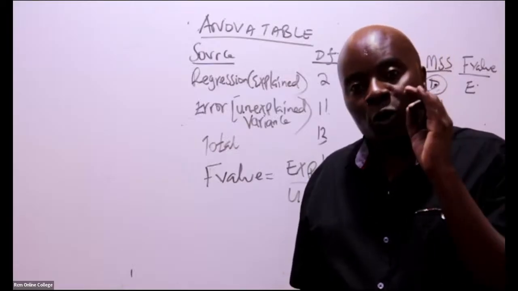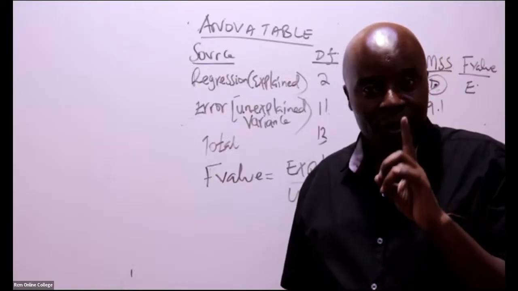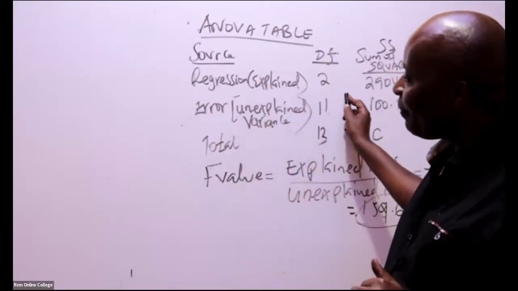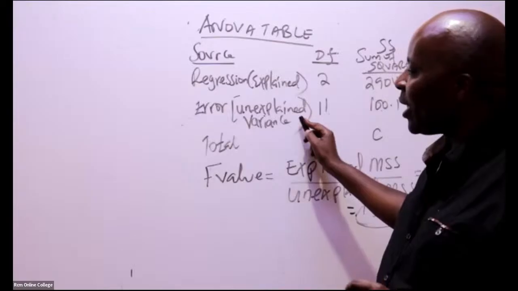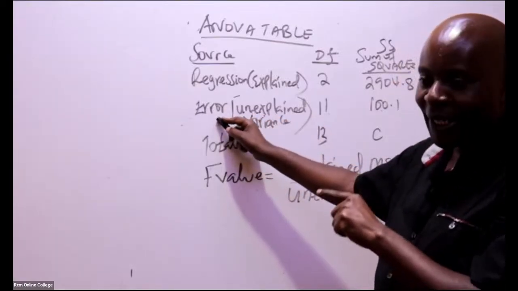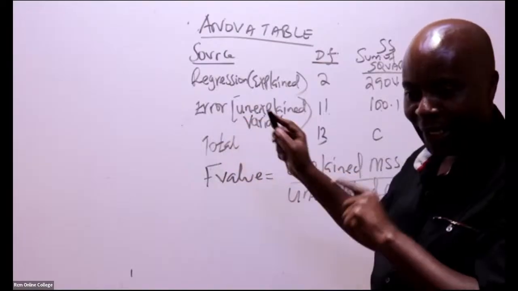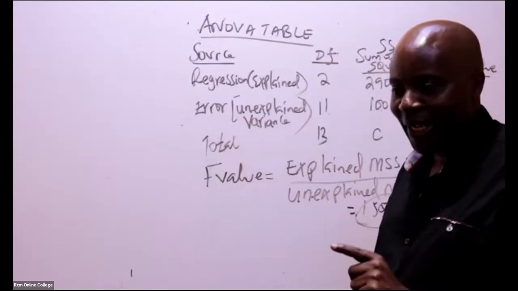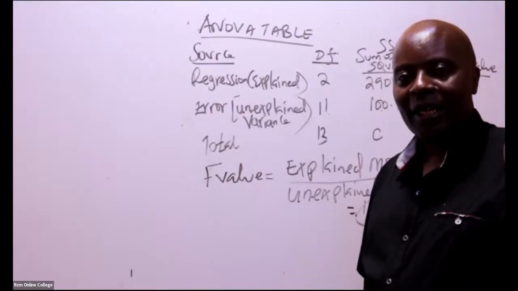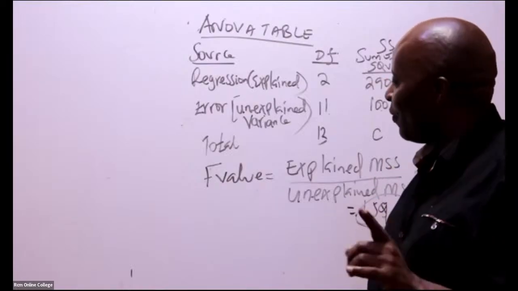So we have got 2 types of variances in terms of regression analysis: explained variance and unexplained variance. The unexplained variance is our error term, what you're not able to explain. That will be very, very important.